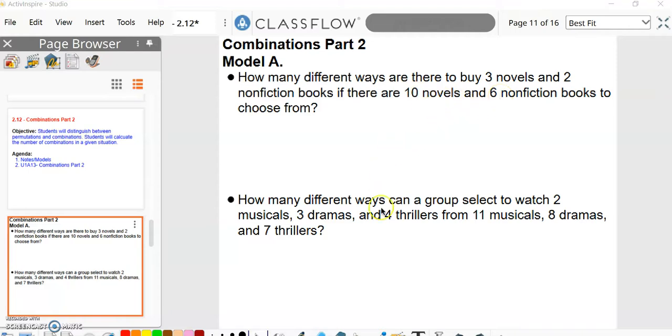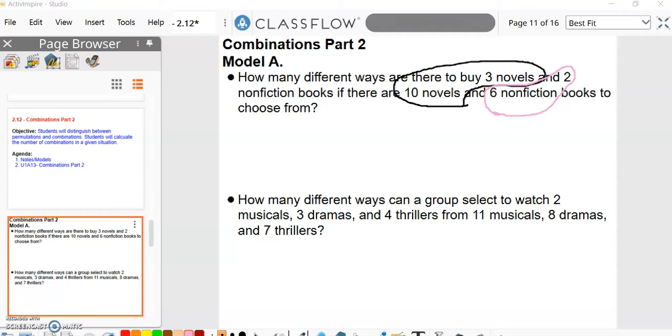So we're really going to separate this into 2 different problems. We're going to have the novel problem and then the nonfiction problem. So find this combination, and then find this combination, and multiply those two numbers together. Let's first work with the novels.